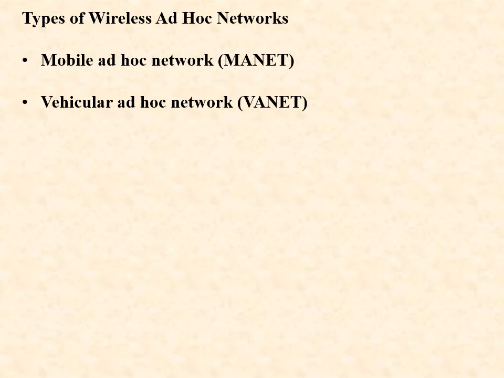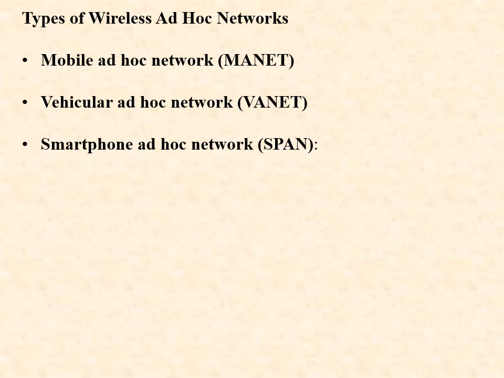The next one is smartphone ad hoc networks. In short, it can be called as SPAN. Wireless ad hoc networks created on smartphone where existing technologies like Wi-Fi and Bluetooth are said to be SPAN or smartphone ad hoc networks. Wireless mesh networks.